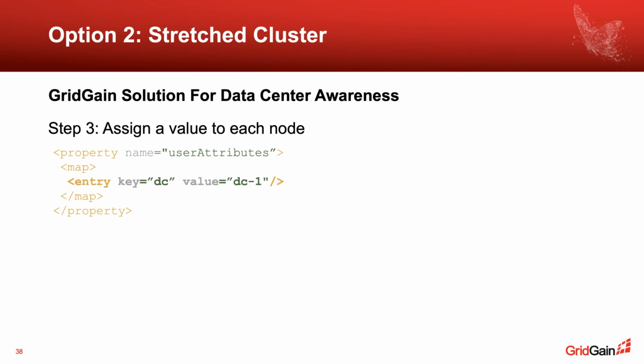On each node of data center 1, we need to assign a DC1 attribute, just one value. It can be any value really. And we need to assign another value in the second data center. And that's all. These 3 simple steps make sure that our caches are data center aware and that our data will be distributed between both of our data centers.